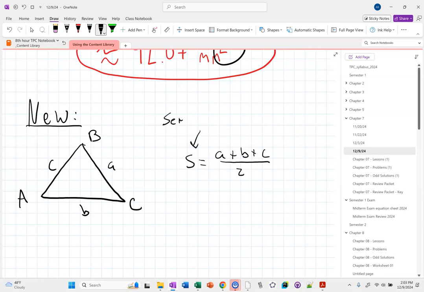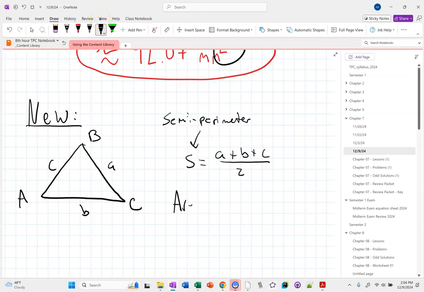That new quantity is called the semi-perimeter. Hopefully you remember that the prefix semi means half. And I remember that the perimeter of a triangle is just the sum of the three sides. So the semi-perimeter is just A plus B plus C divided by 2, right?